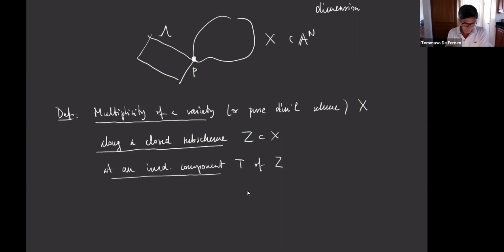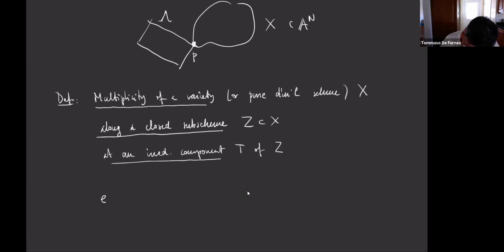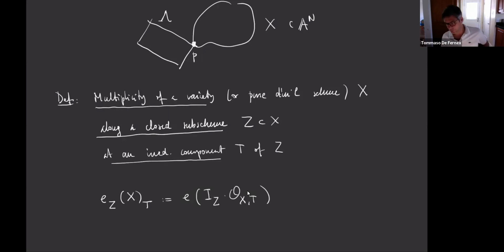It's a bit of a mouthful, but anyway. This is denoted by e_T(X, Z), the multiplicity of X along Z at this irreducible component. By definition, it is just the Samuel multiplicity: you take the ideal of Z and look in the local ring at T. This can be interpreted as the coefficient of the class of T inside the Segre class of the normal cone of X at Z.